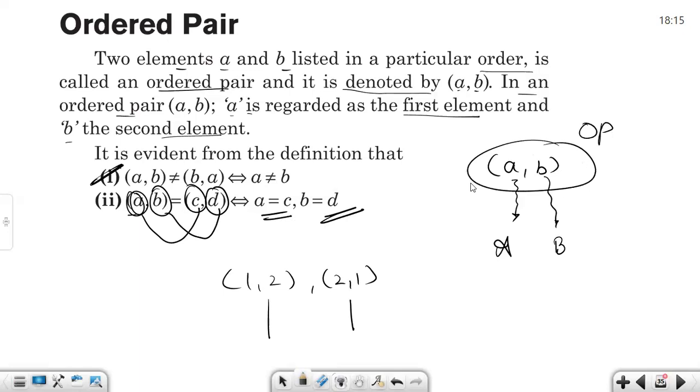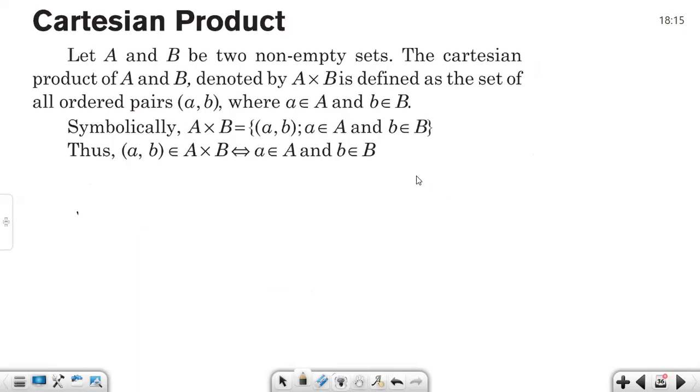Yes, sir. So let's now understand the Cartesian product, and here is the application of ordered pairs. Let's understand from the mathematical application first.